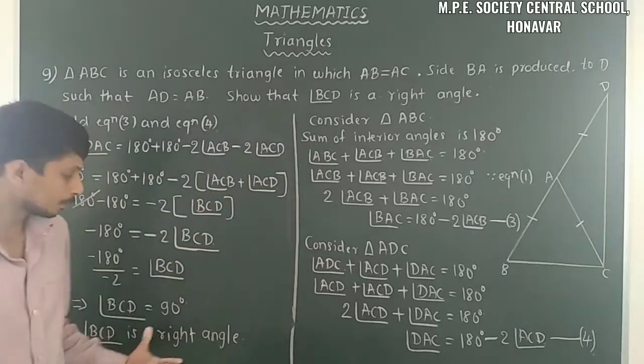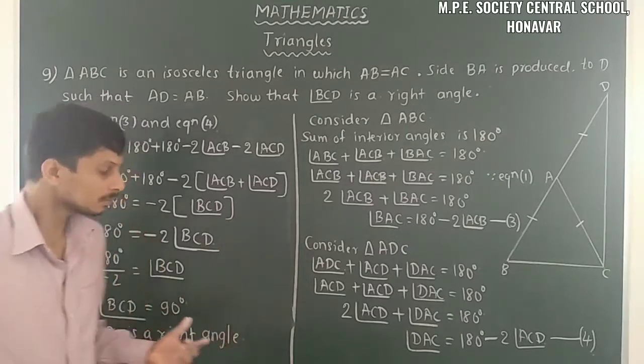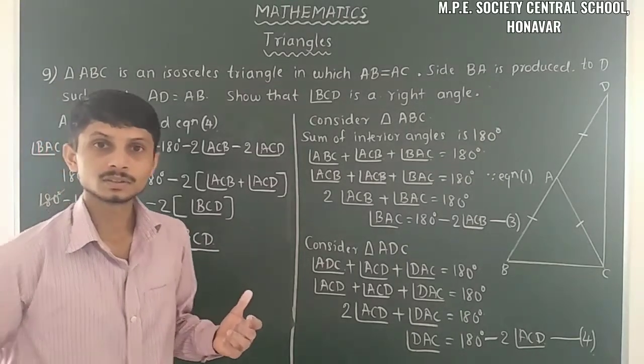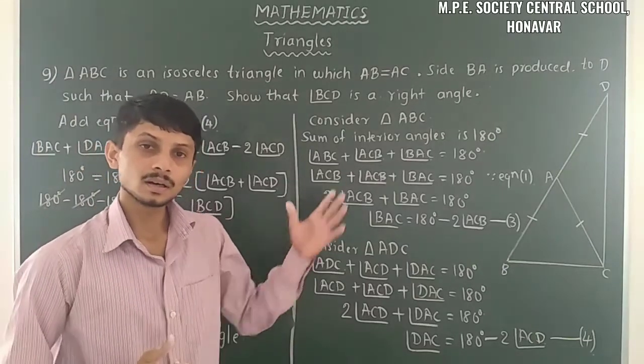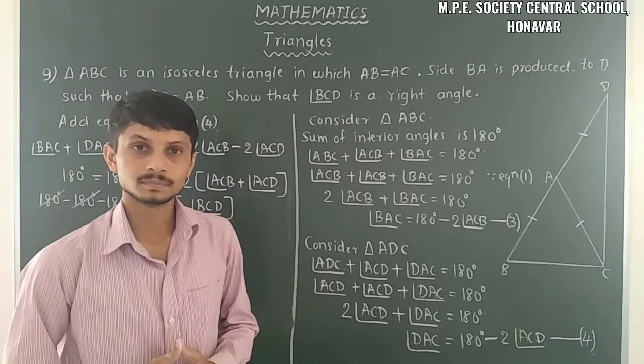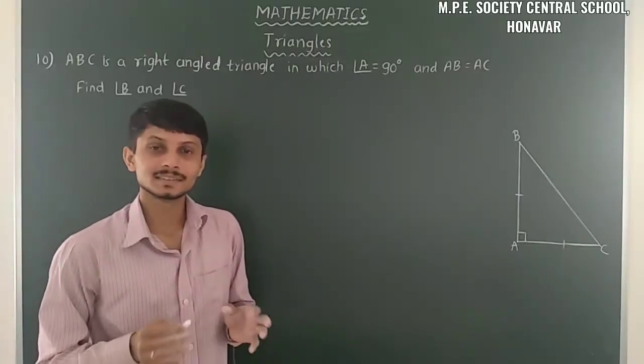So we finally proved angle BCD is a right angle, because angle BCD is equal to 90 degrees. This is the proof of this problem. So let us take the next problem.